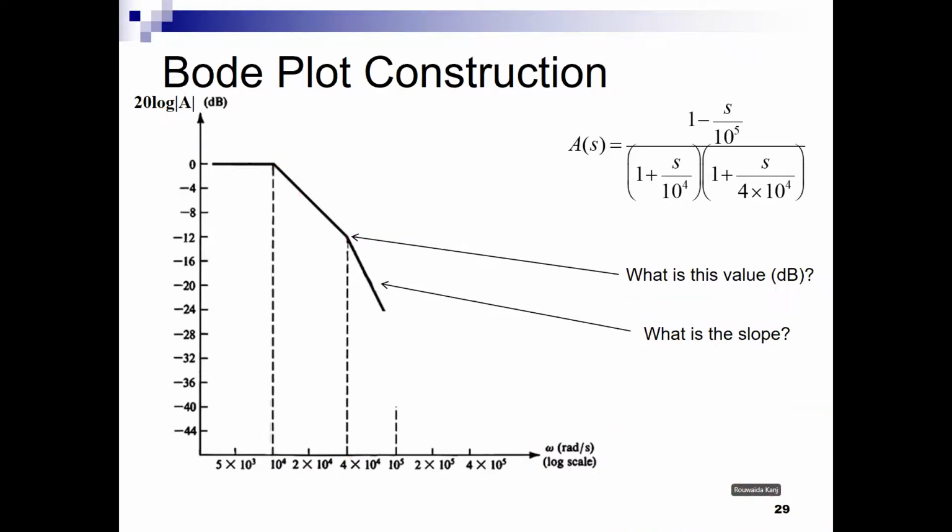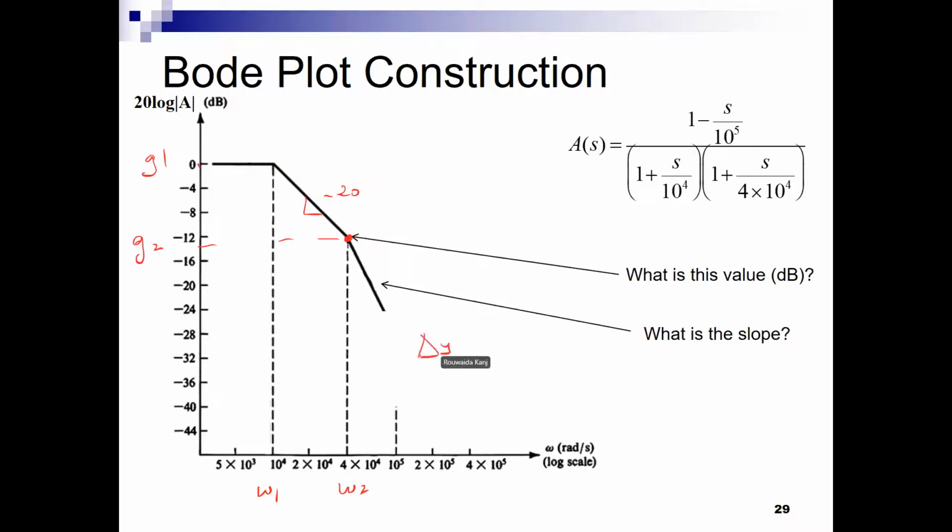So if we want to find the gain at point 2, let me label this as G2 and this as G1, this as omega 2 and this as omega 1. I have the slope minus 20 dBs per decade.